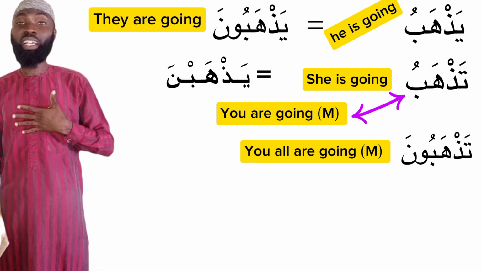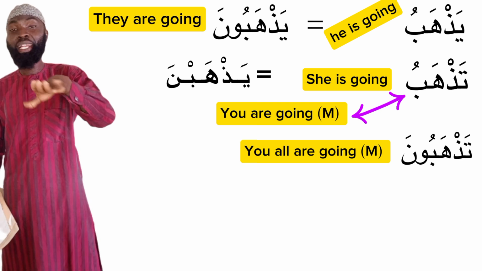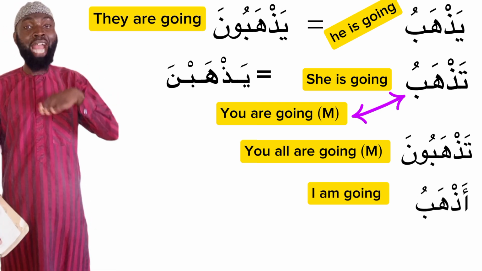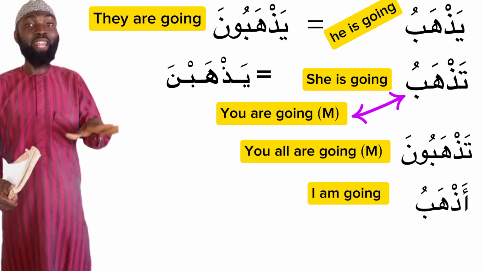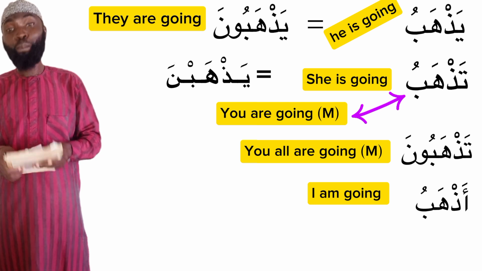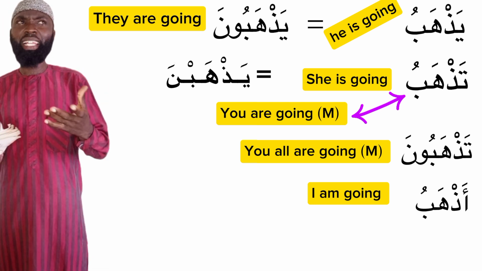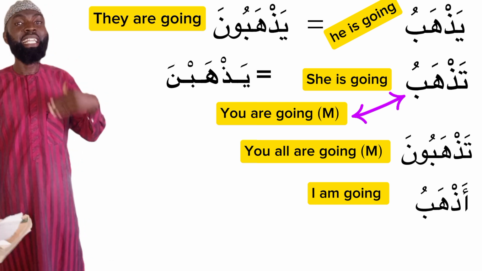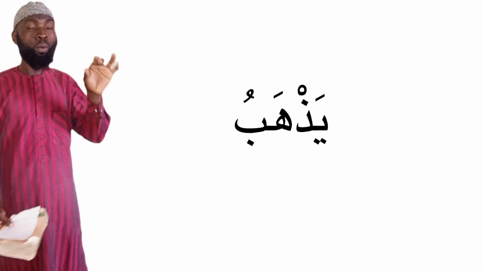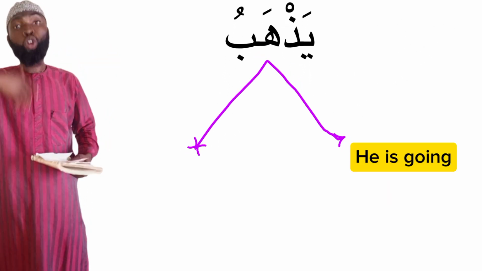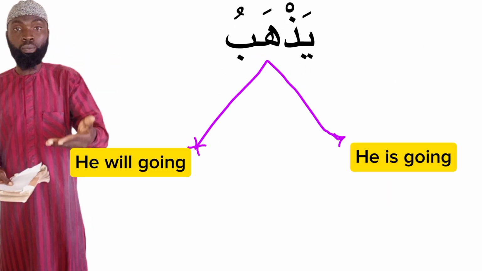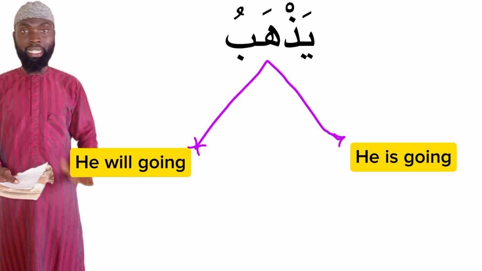Another pattern is the pattern of I am going, which is simply adhhabu. I am going. These five are what we shall be learning in our book today. Another thing we shall be learning concerning the present tense verbs is that the word yadhhabu could mean he's going. It could sometimes mean he will go, which means a futuristic tense.